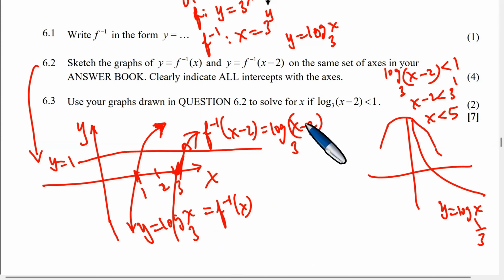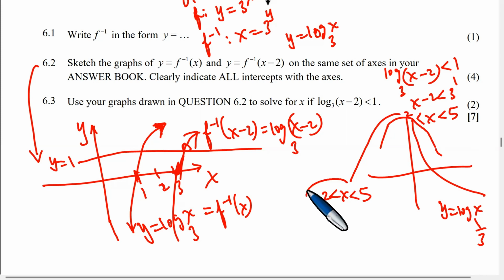But what is the restriction here? x must be bigger than 2, because the log requires positive numbers. So x is bigger than 2, but x is less than 5. So we have this.